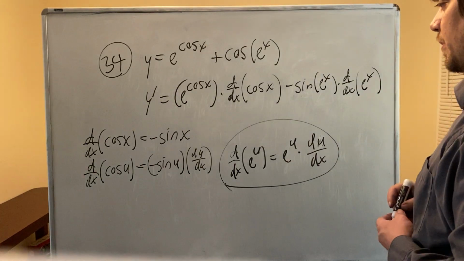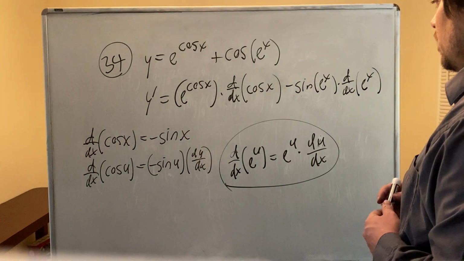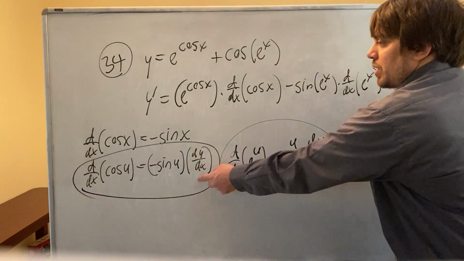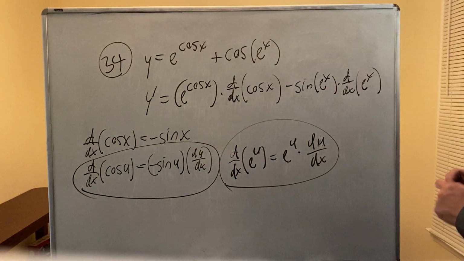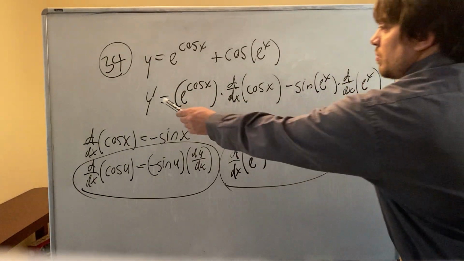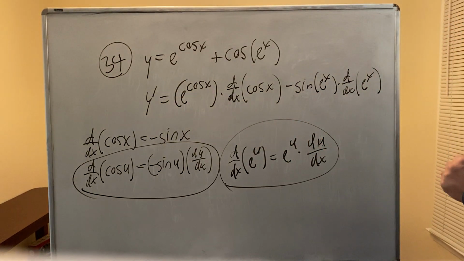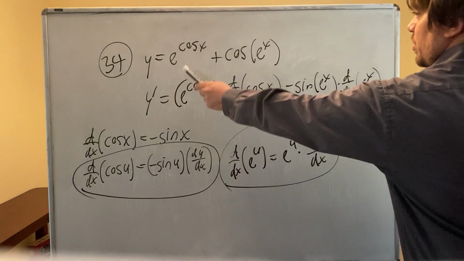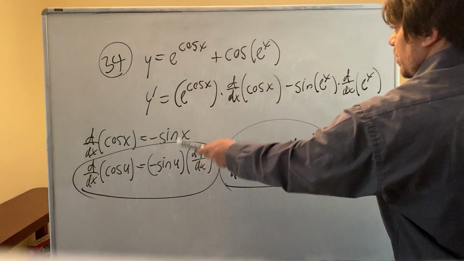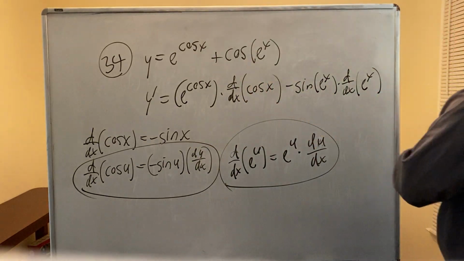So now we get that, okay? So I use these two equations, this one and this one, for this equal sign. All right, use this equation for the derivative of e to cosine x, which is this, and then I use this equation for the derivative of cosine of e to the x, which is that.